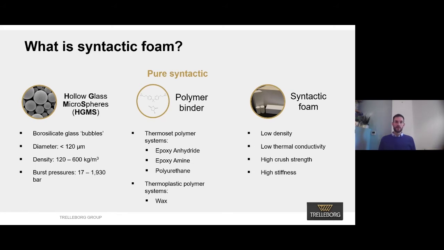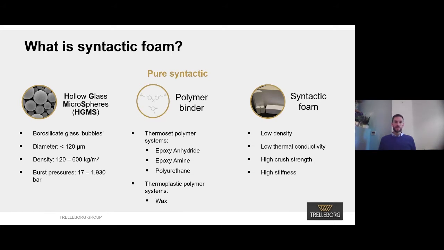The polymer binder can vary drastically depending on the application too, and we typically use either thermoset polymers or sometimes thermoplastic polymers. When we use thermoset polymers, we use something like an epoxy anhydride resin matrix or an epoxy amine resin matrix, and sometimes for certain applications we also use polyurethanes.